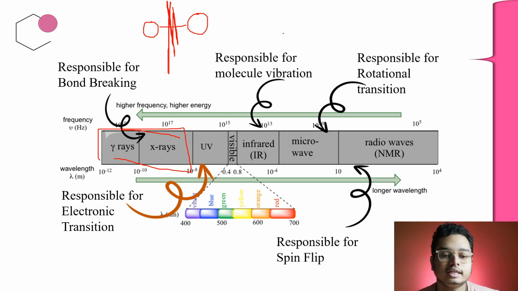Now UV rays have their own classification: UVA, UVB and UVC. UV contains the 254 to 300 nanometer wavelengths. These are not able to break the bond ideally, but they show some kind of electronic transition.